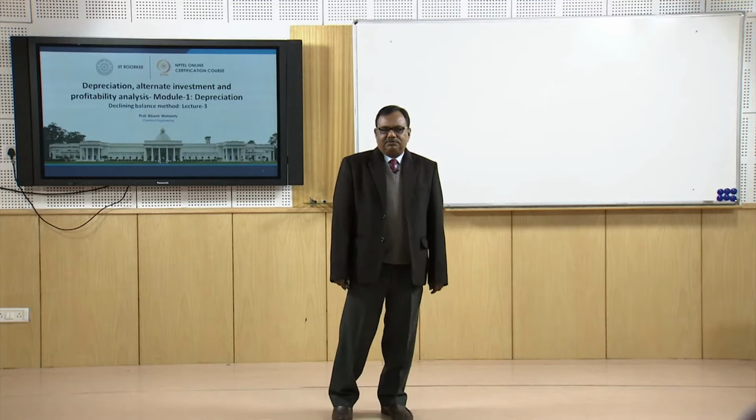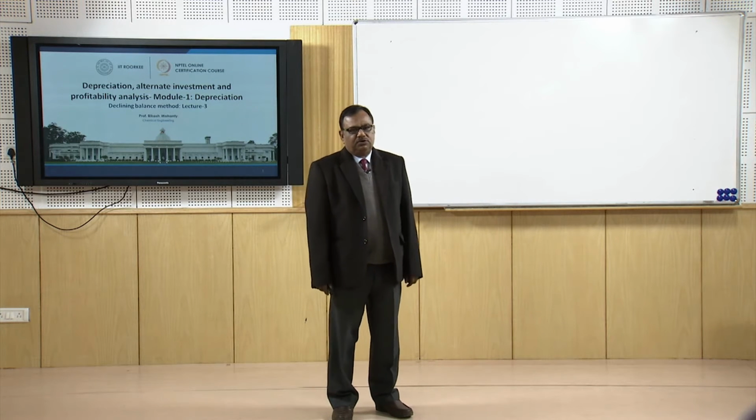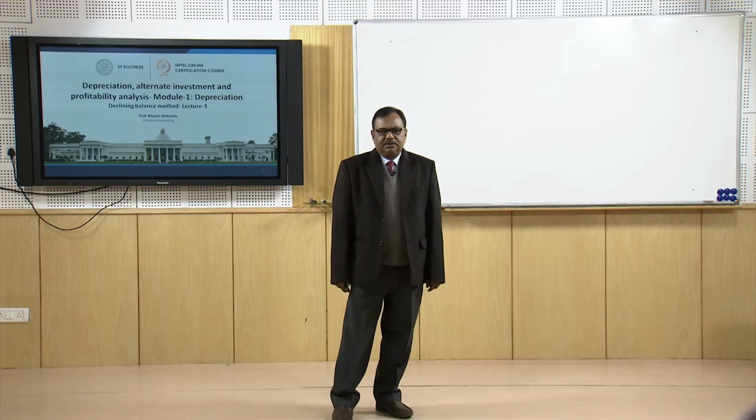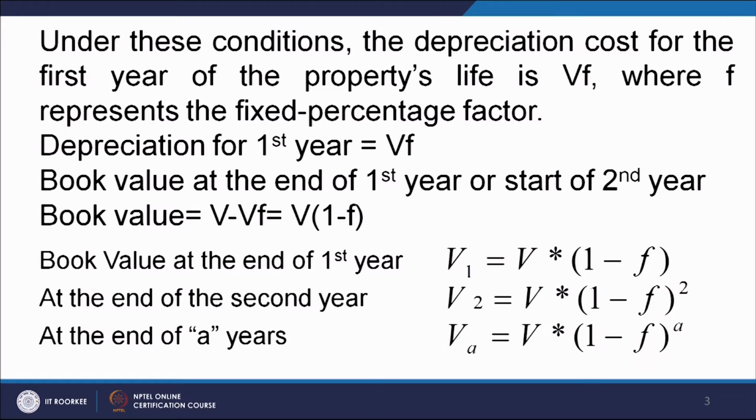Considering the book value at the end of the first year to be V1, V1 is equal to V into (1 minus F). At the end of the second year, V2 is V into (1 minus F) whole squared, and at the end of the a-th year, Va is equal to V into (1 minus F) to the power a.